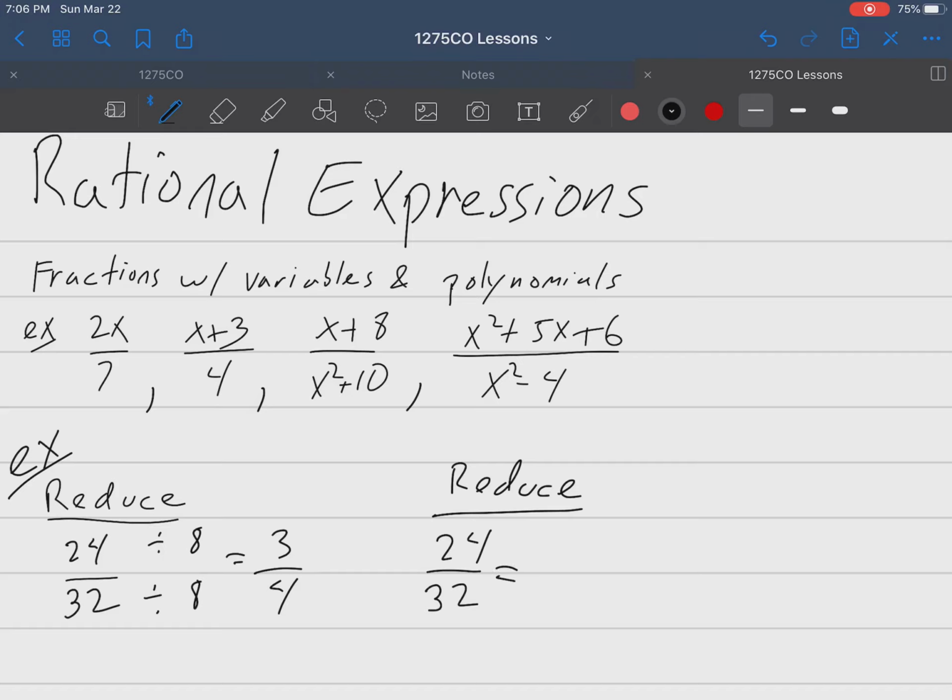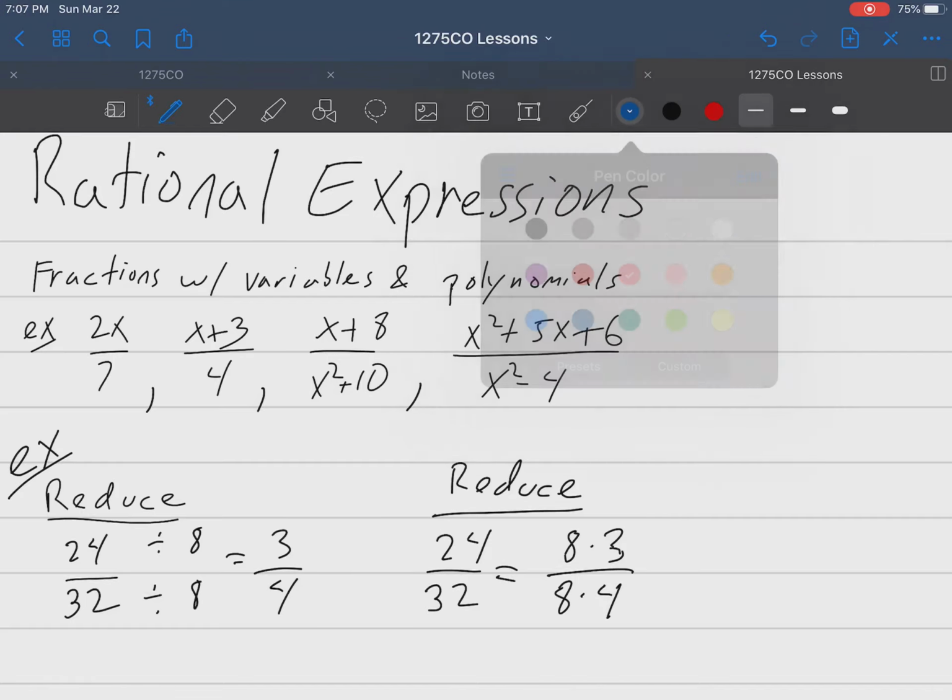Remember, factoring is writing out the same expression, in this case the same number, as the product of two different numbers. So if we write out 24 as 8 times 3, and we write out the number 32 as 8 times 4, well, then these can cancel out. They cancel out because they're the same on top and bottom. And we're left with 3 over 4.